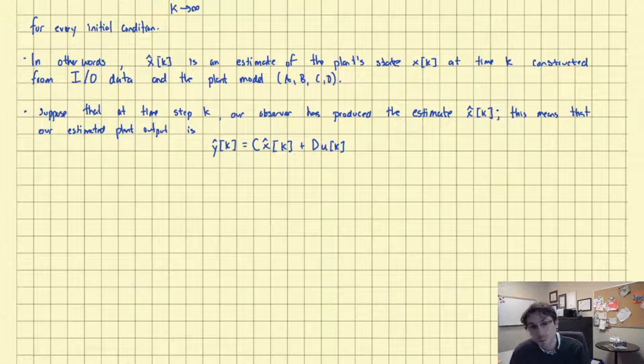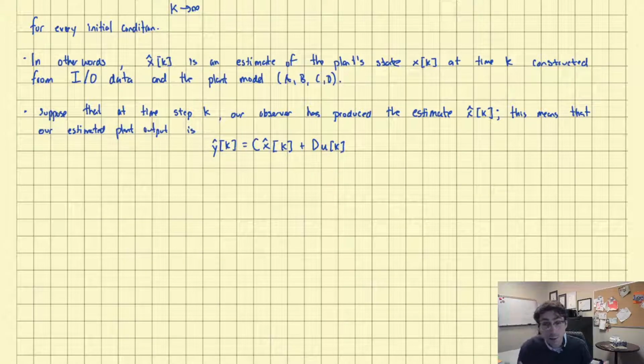Of course, our observer has access to y, but if at any moment in time we've estimated x hat, what that estimate is saying is that our estimated output is this value. And so notice that our estimated output depends on our estimated state and the actual input, because that's something we have access to. We have I/O data.